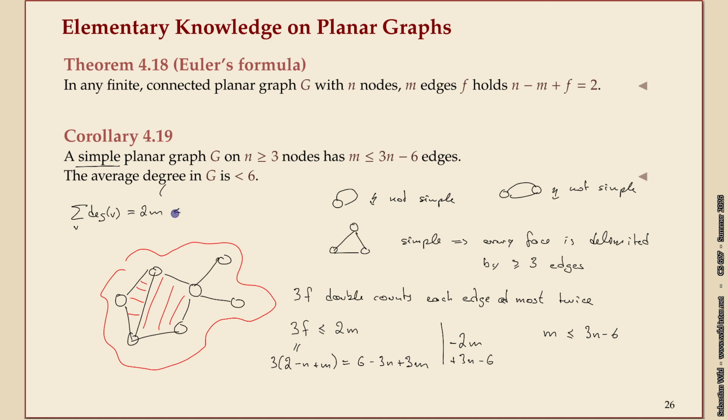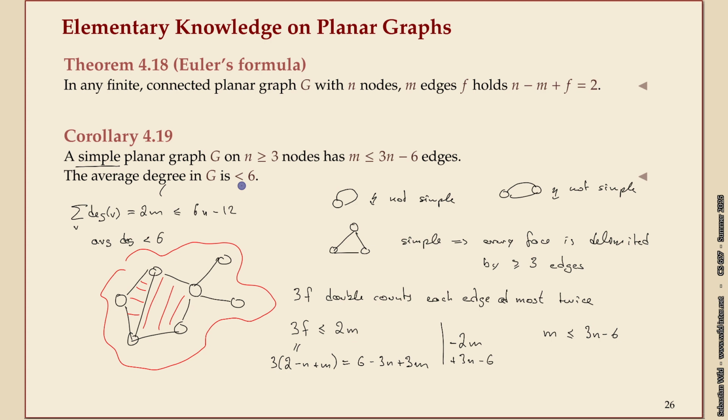And so we know this is at most 6n. You can divide by n, and then you get the average. Average degree is at most 6. And because it's actually 6n minus 12, you get a strictly less here. That's where the strictly less comes from.